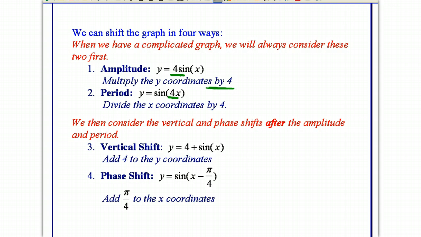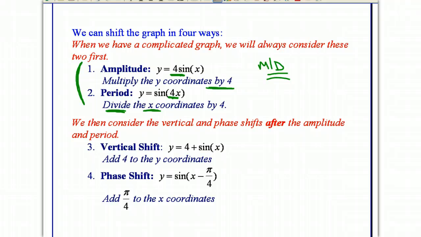You divide the x-coordinates by 4 when you had that. And in a complicated graph, you'll always do these 2 things first. If you think about order of operations, please excuse my dear Aunt Sally, you multiply or divide first before you add or subtract. So you'll consider the amplitude and period first. That's the way we learn these.